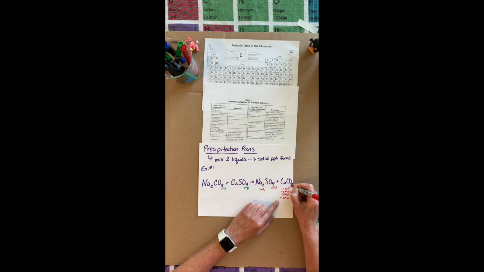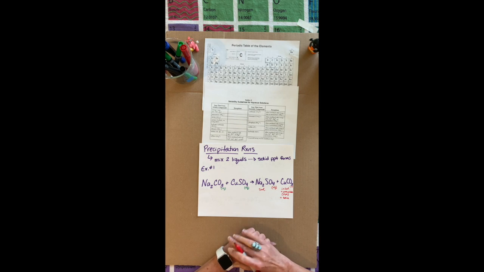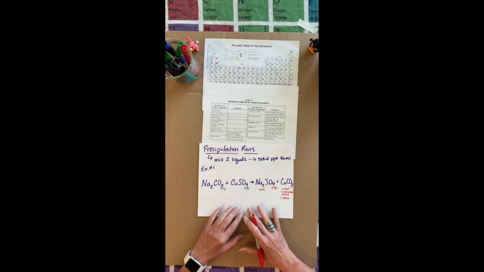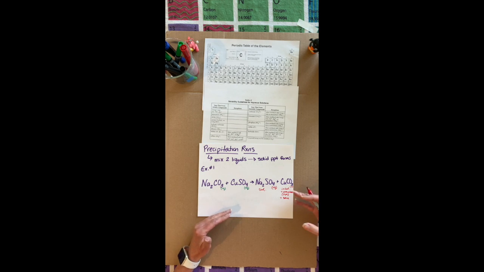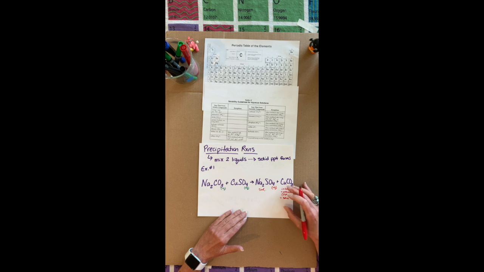So I could put a little S there too. So this is an example of a precipitation reaction because a precipitate comes out of solution. And what this would look like is you'd literally see a cloudiness and a solid formation here.